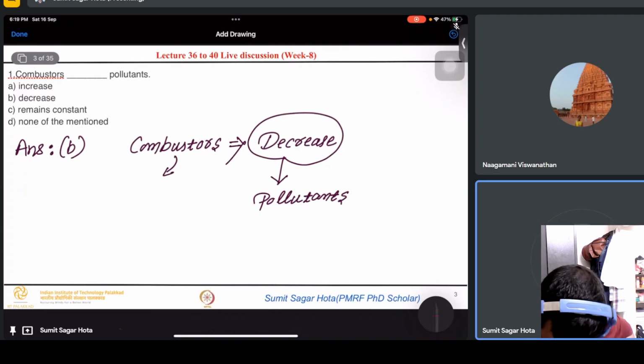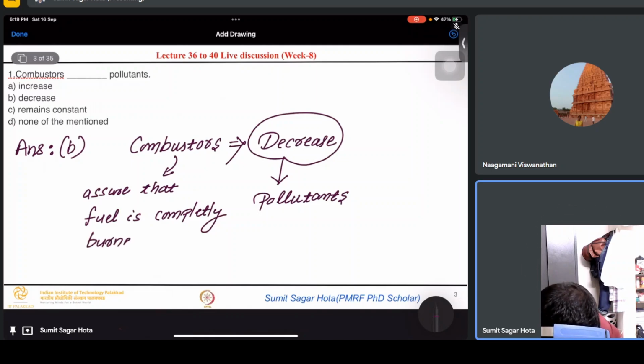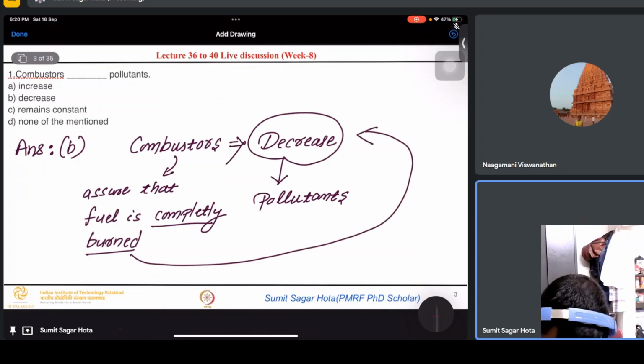It will assure that fuel is completely burned, and when fuel is completely burned, then the pollutants will decrease.